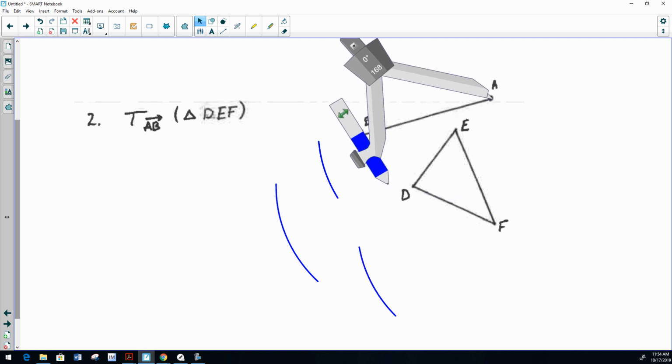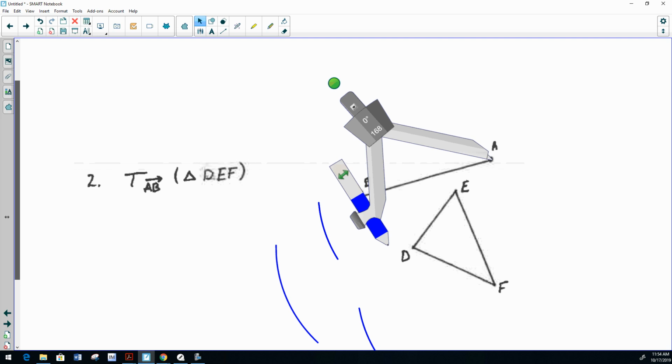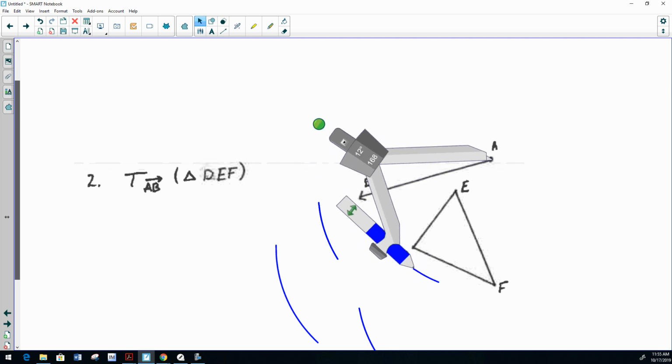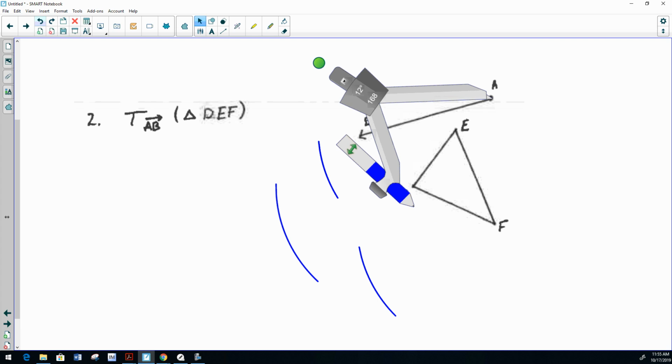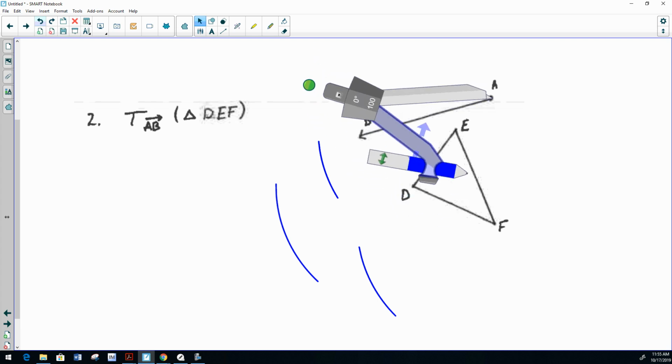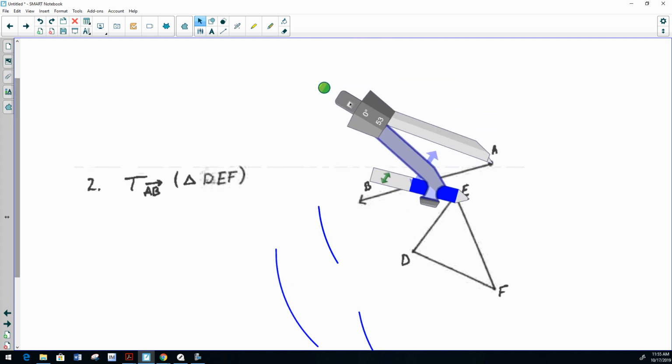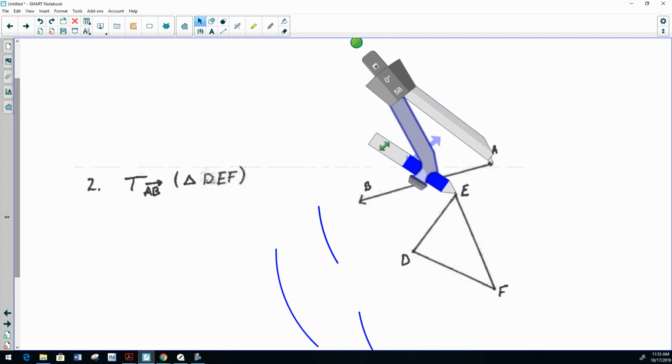I'll start with E. I'm going to measure E. Okay, now that I have E, I'm going to slide this here and mark off the location of E prime.